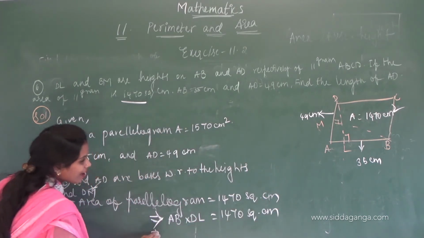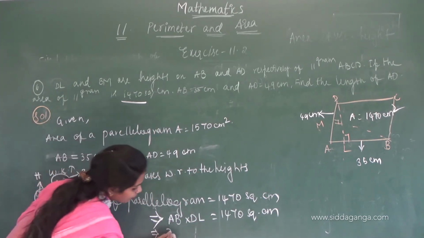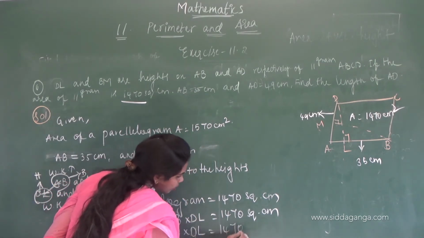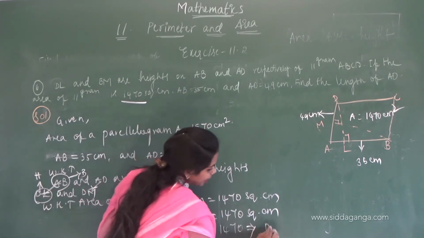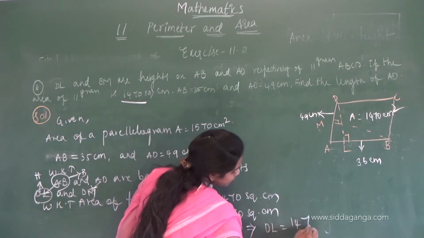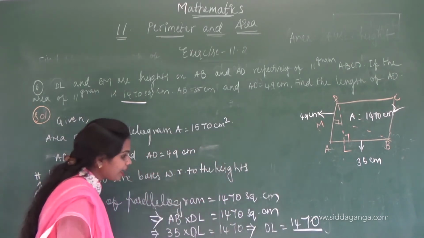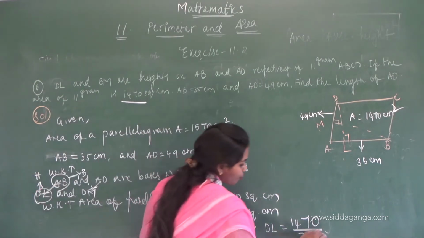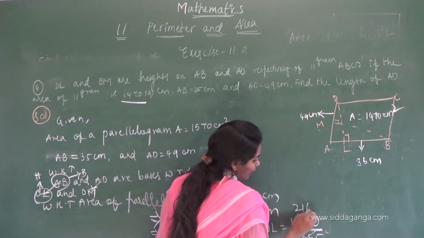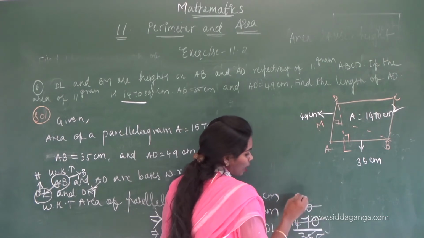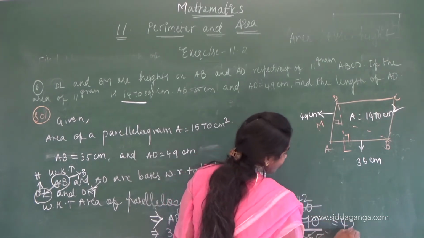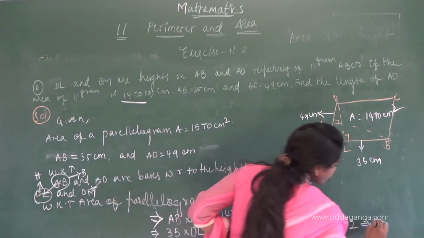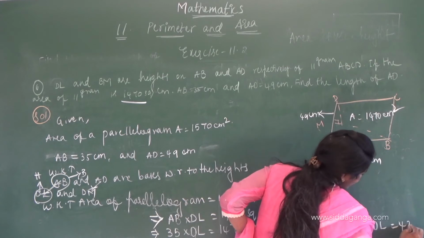We know what is the value of AB? 35 into DL equals to 1470. That implies DL equals 1470 divided by 35. Just we can do the cancellation with 7: 5 sevens are 35, 7 fives are 210, 1s are 40, 2s are 42. That implies DL is equals to 42 centimeters.